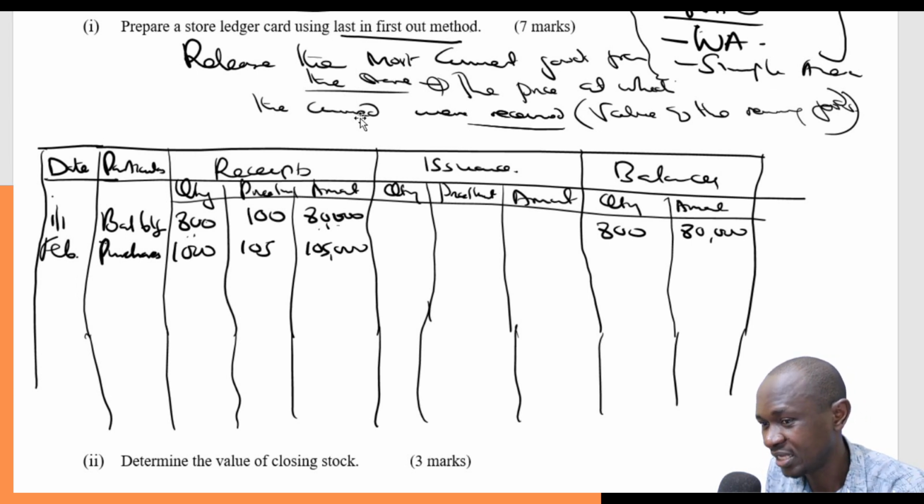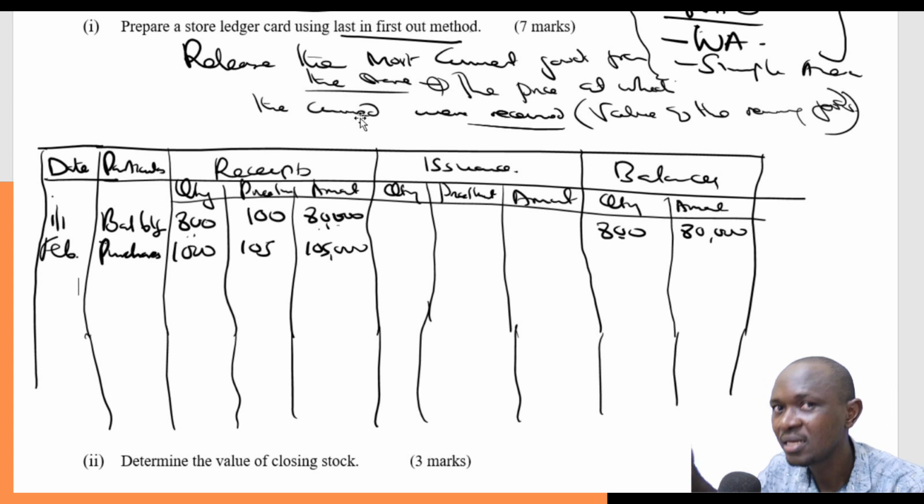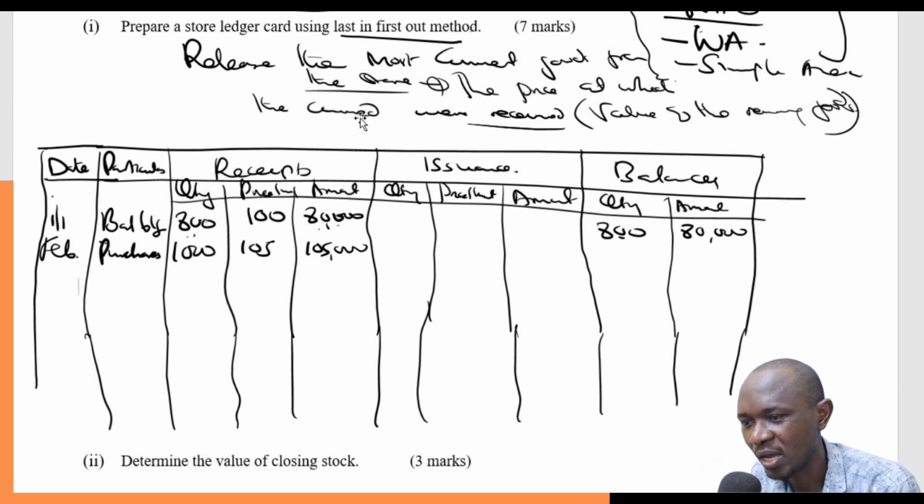By the end of February, the goods that were in store were 800, which were there previously, plus the additional 1,000. So that gives us 1,800 goods.